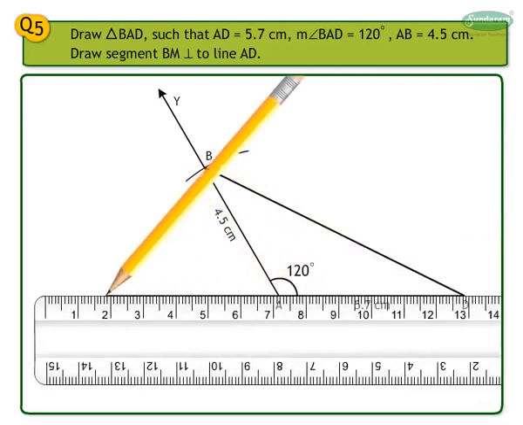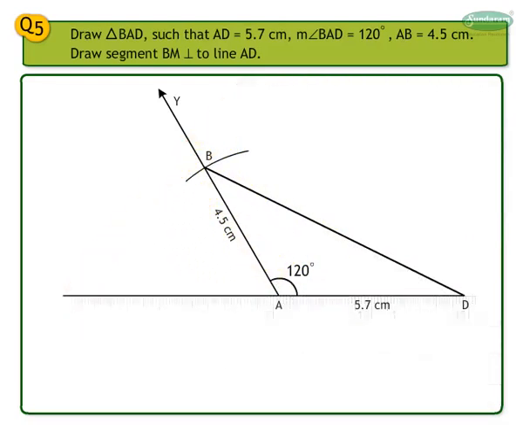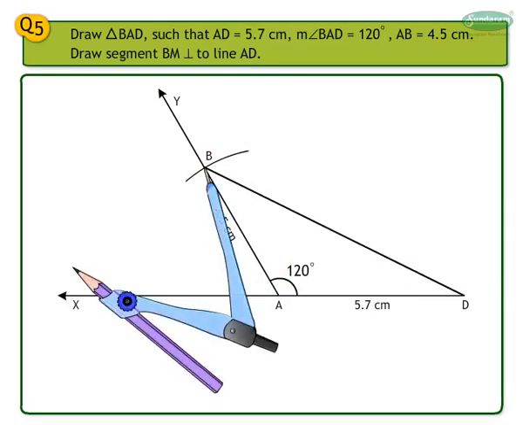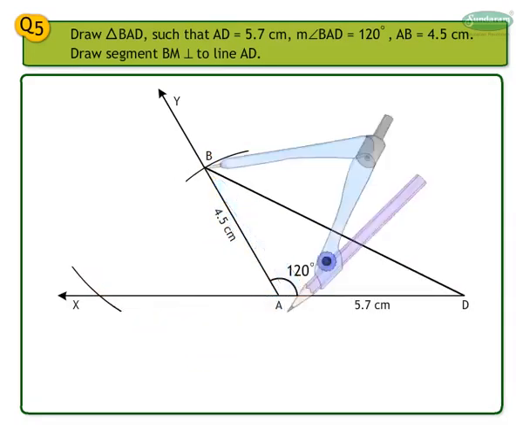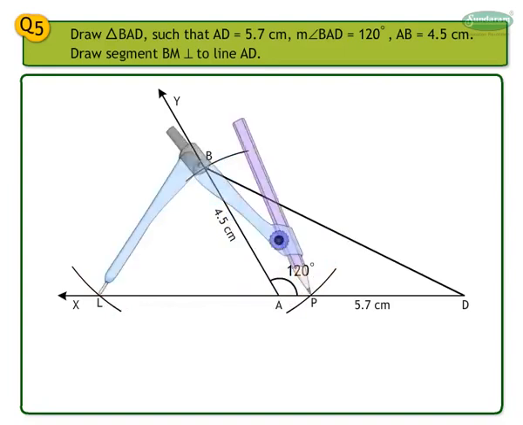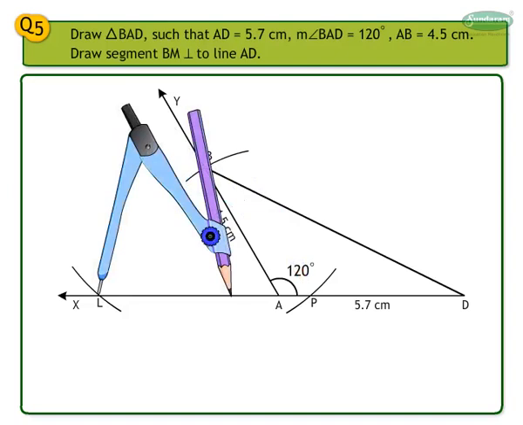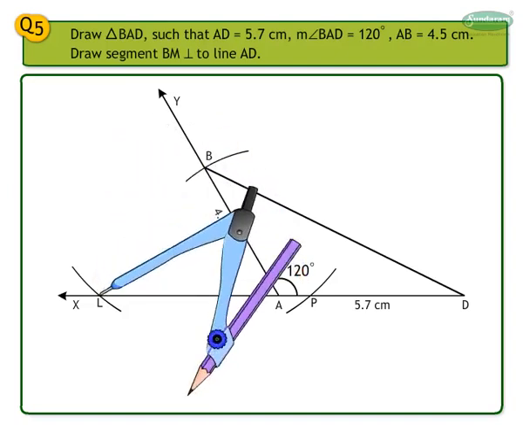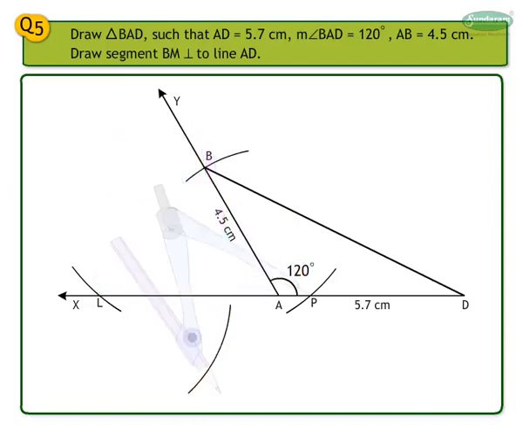Now extend ray DA and take point X on it. Then take B as center. Draw two arcs intersecting line XD at two points L and P. Assume P and L as centers and with radius more than half the length of PL, draw two intersecting arcs below segment XD.